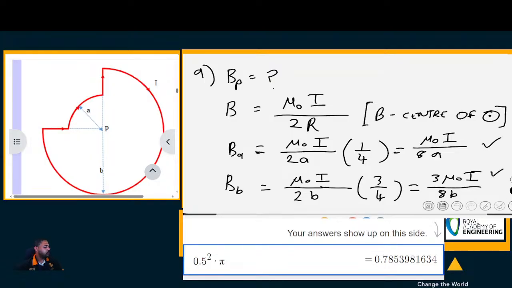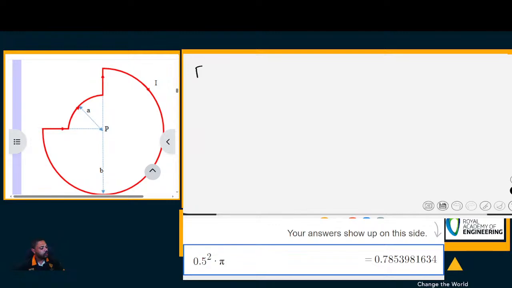So B net, the net magnetic field at that point, is equal to mu naught I over 8a plus 3 mu naught I over 8b.